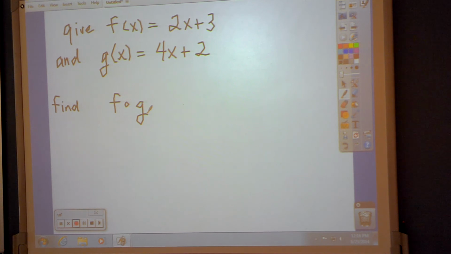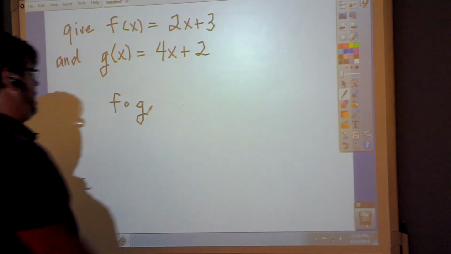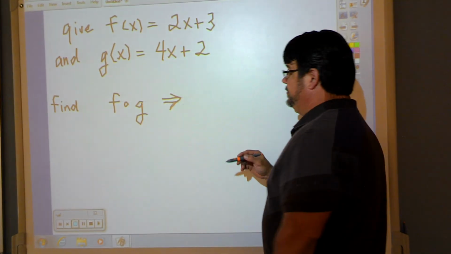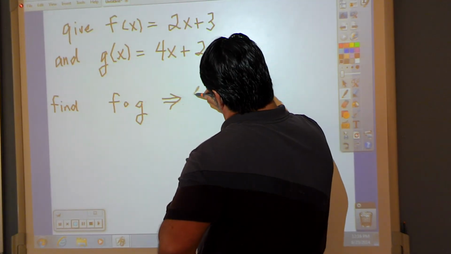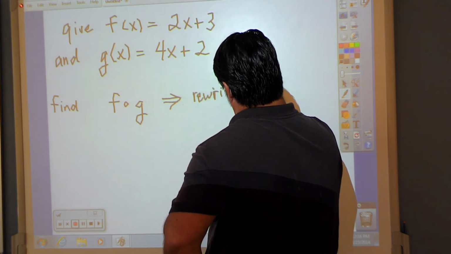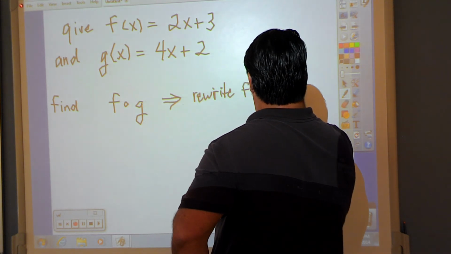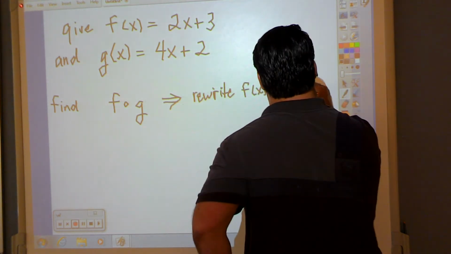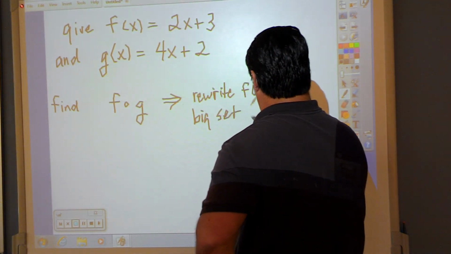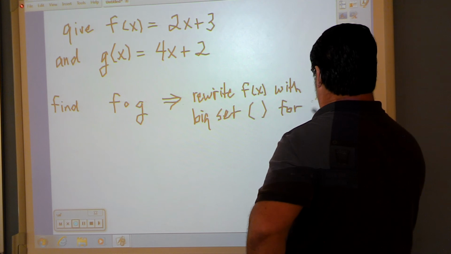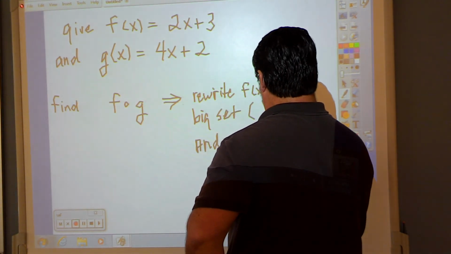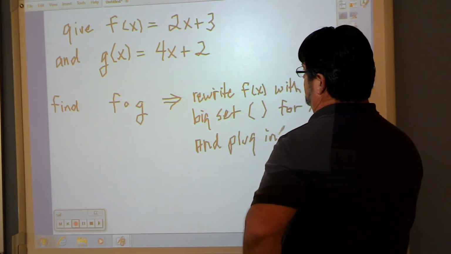Now, what this means, all right, this is in Hubert terms: rewrite f of x with a big set of parentheses for x and plug in g of x.